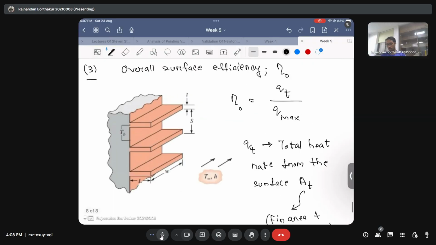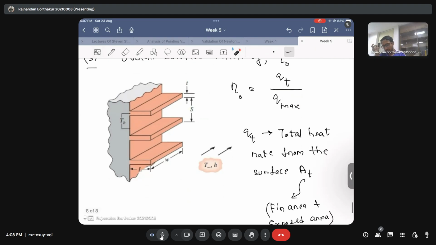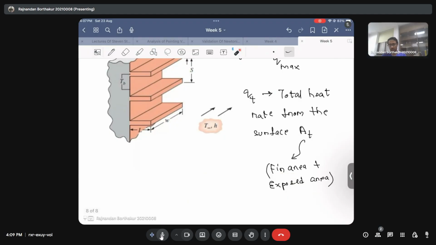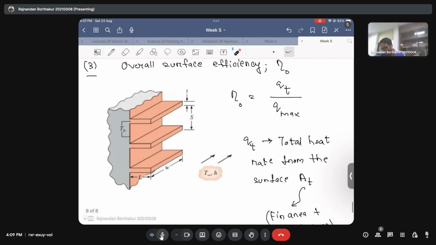So the overall fin efficiency says that it is the total rate of heat transfer to the maximum rate of heat transfer, where the total rate of heat transfer is the total heat transfer rate from the total surface At, which involves the fin area and of course the bare area. This will involve the entire fin area, which is this, plus the bare area, which basically involves this.